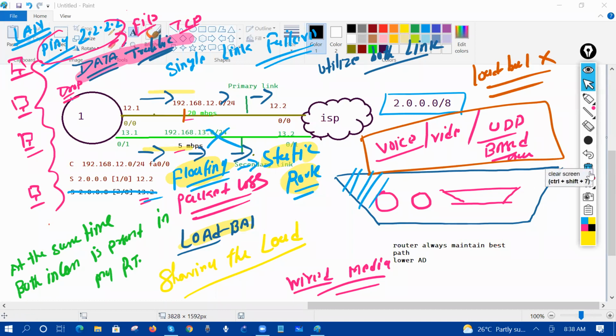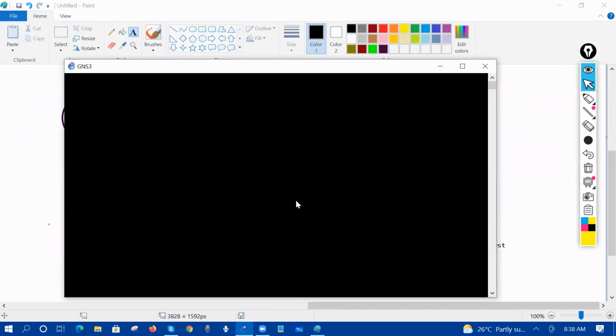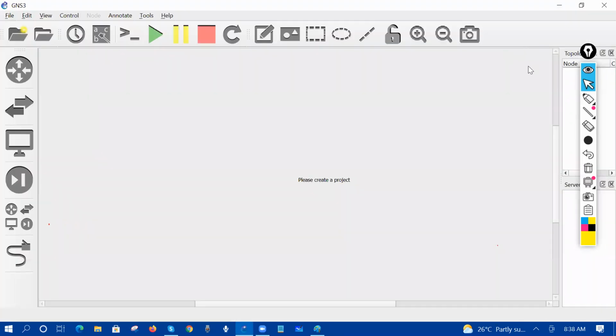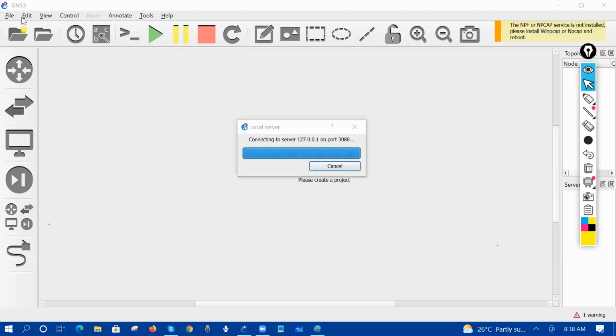If both links are 20 Mbps, then you can use load balancing. There's no need to change the AD value, and no need for the concept of a floating static route.